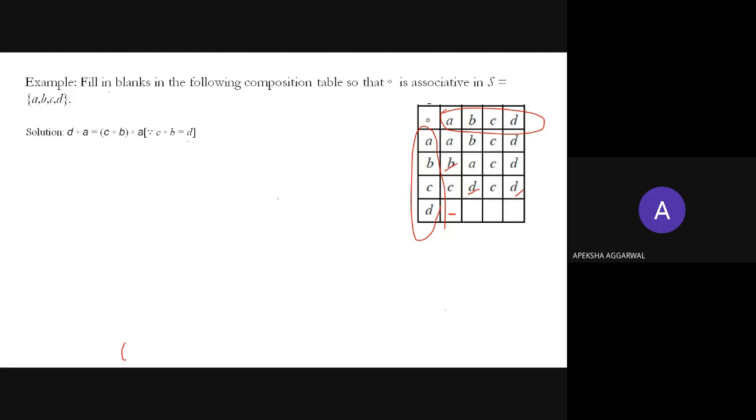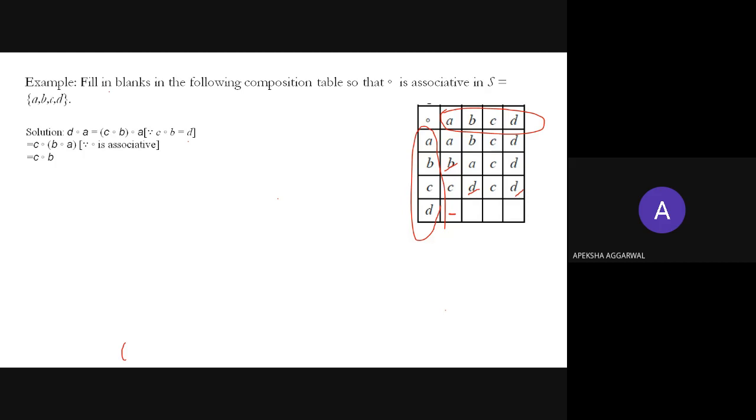ठीक है। अब COBOA लिख सकते हैं, ठीक। अब क्योंकि एसोसिएटिव है तो हम क्या कर सकते हैं? COB होल A इज इक्वल टू C होल BA, राइट, एसोसिएटिव है तो ये कर सकते हैं, है ना। और BOA हमें पता है क्या है, BOA है 3rd रो एंड 2nd कॉलम, B, है ना। रिप्लेस कर देते हैं BOA को B से, एंड फाइनली क्या आ जाएगा?